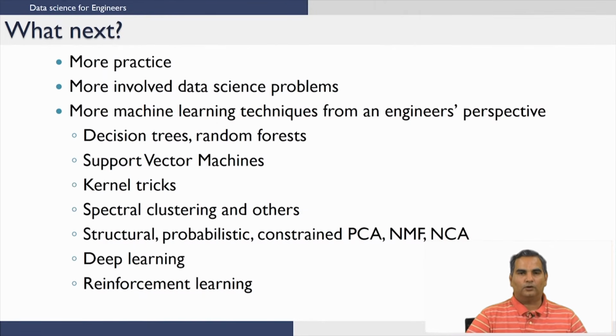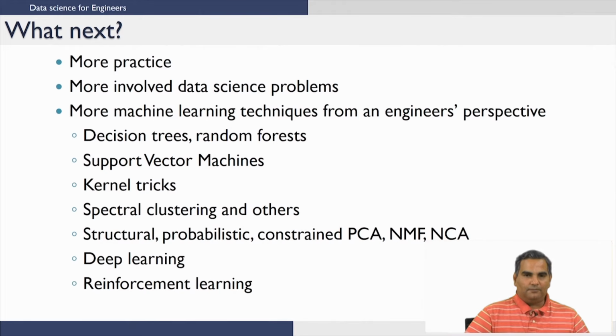So, you might want to look at other problems and other practice examples and exercises for the concepts that we have already taught in this course. So, that is the first thing to do. Once you do that, the data science problems that we described in this course are rather simple. So, you might want to look at how people solve more involved data science problems and whether you can use the framework to break them down into smaller problems and then see whether you can learn more about these problems.